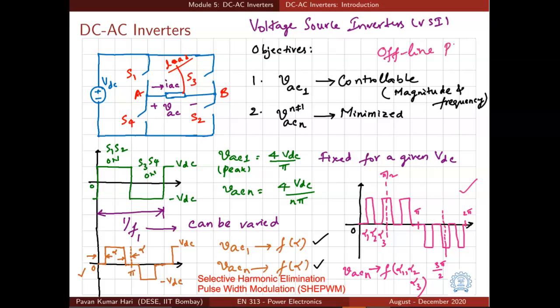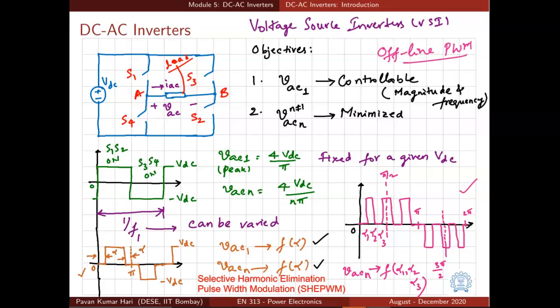It is offline PWM because the switching instants are calculated offline, and this method of offline calculation of switching angles is popularly used to eliminate the unwanted harmonics, certain unwanted components. It is used to eliminate because we can use it for multiple purposes.